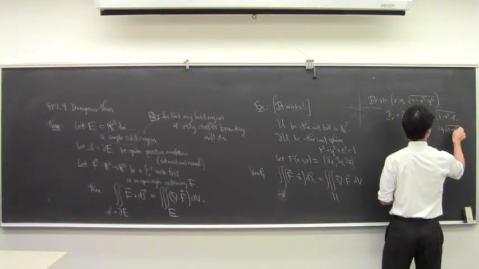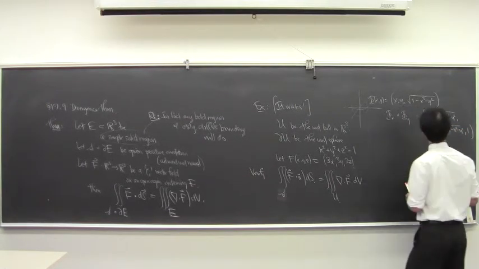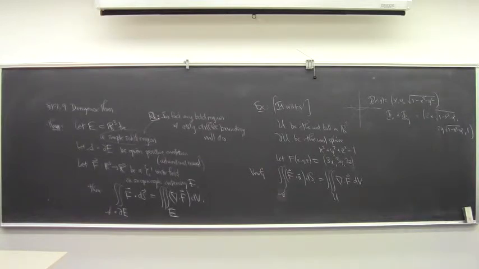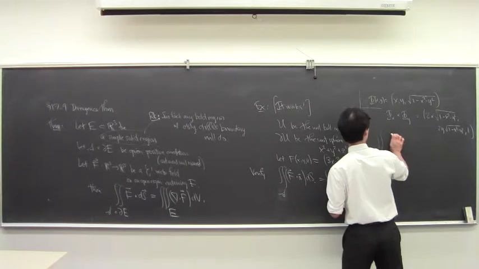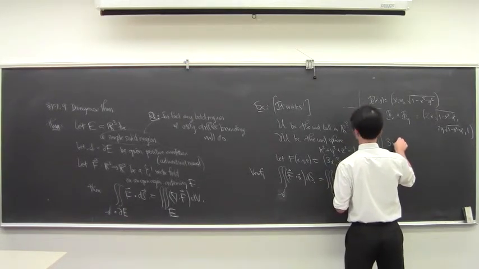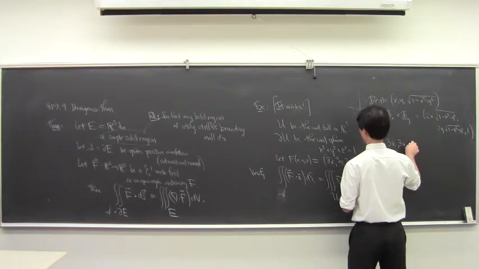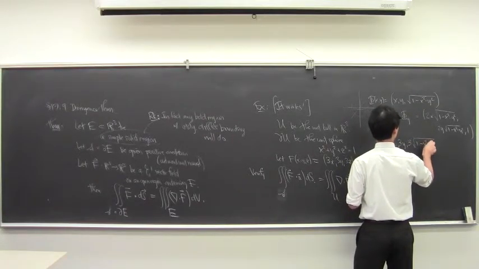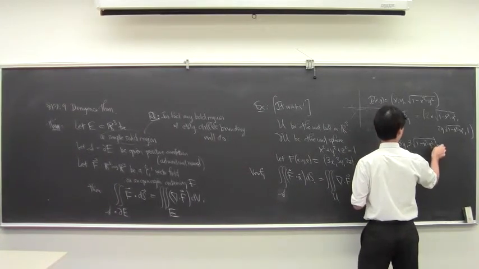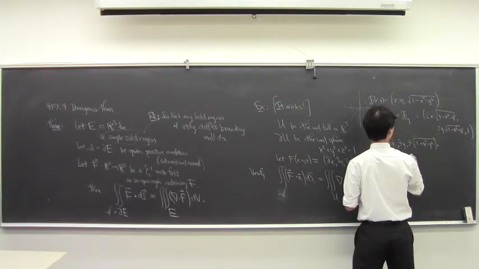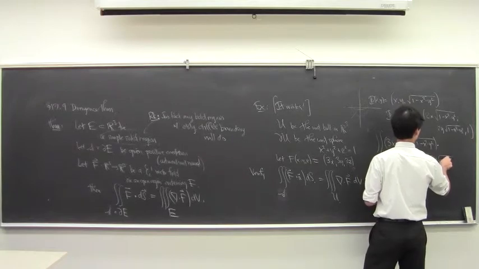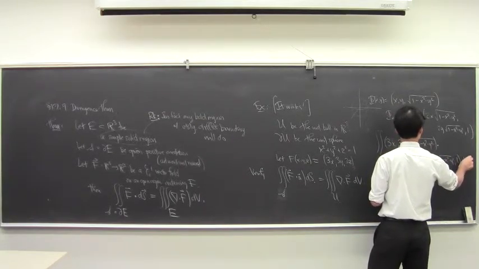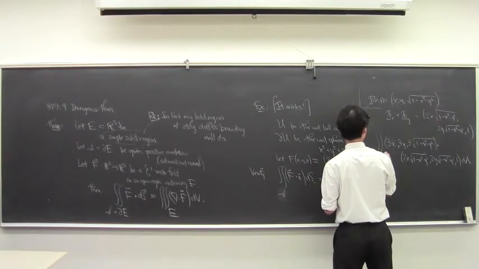And then you set up the double integral over the surface of f of r, which is 3x, comma 3y, comma 3 times the radical, dotted against the cross product of the partials, dA. And then I would solve that using polar coordinates.